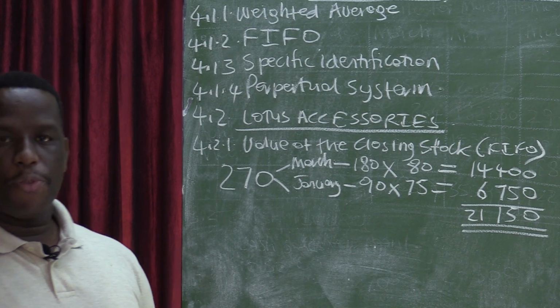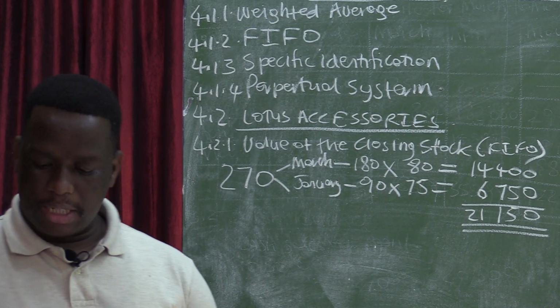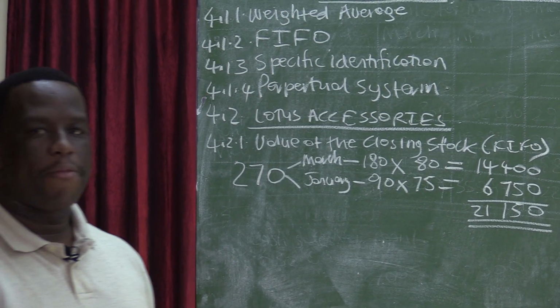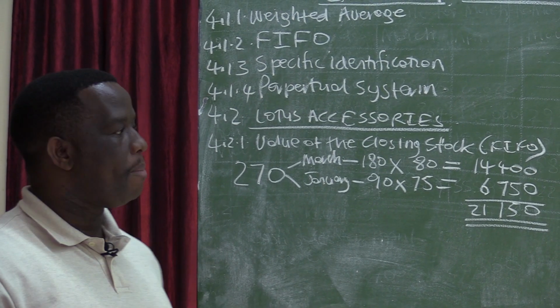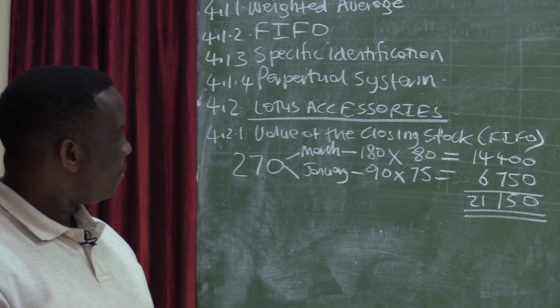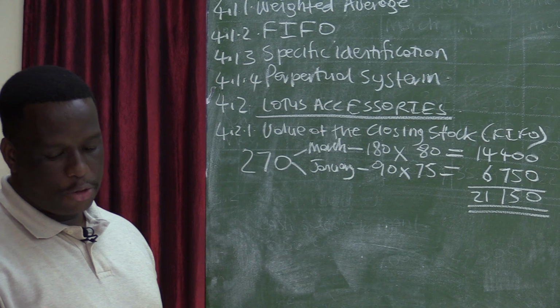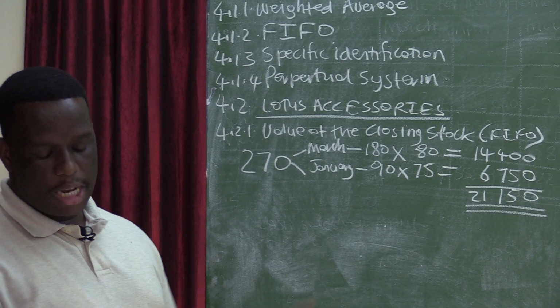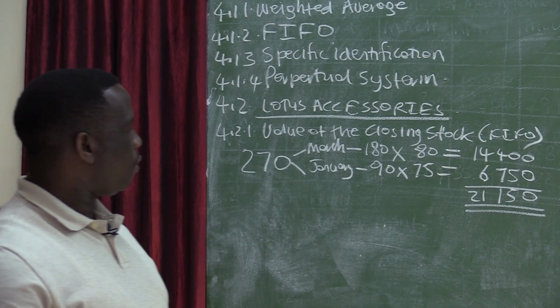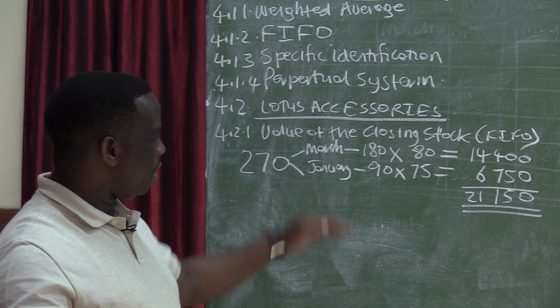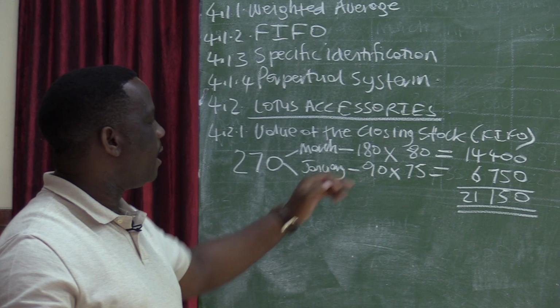The total number of units in the closing stock is 270, and when we are calculating the value of the closing stock using FIFO method, you need to start from the bottom up. So the latest stock that we purchased was in March, which was 220, and we made returns of 40, so we are left with 180. Because there is a total of 270, we need to go a little bit up and take 90.